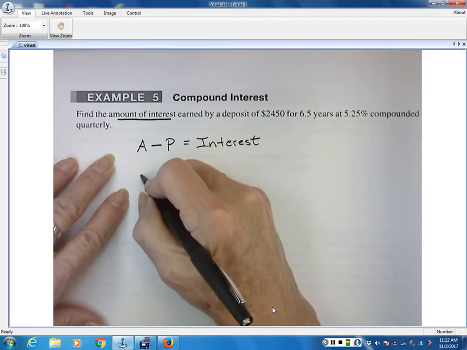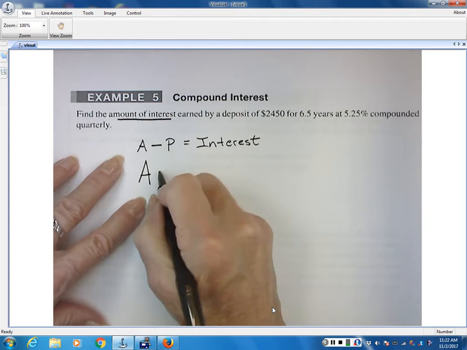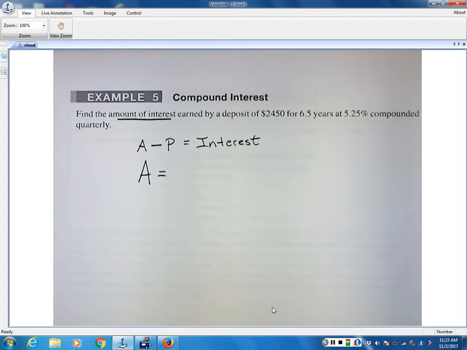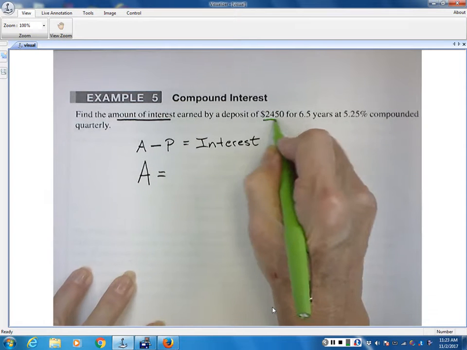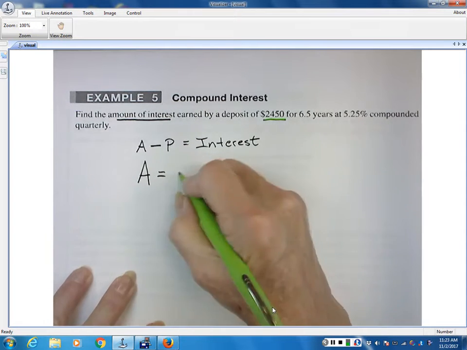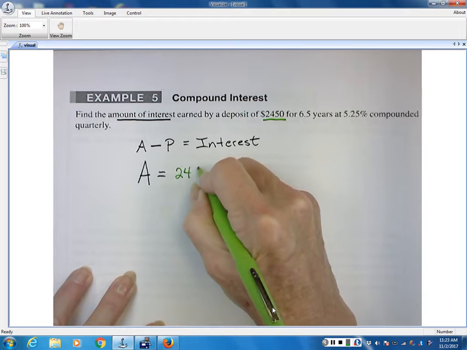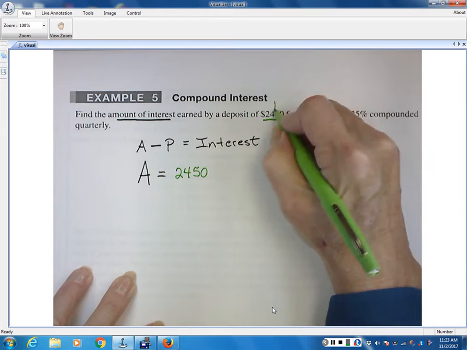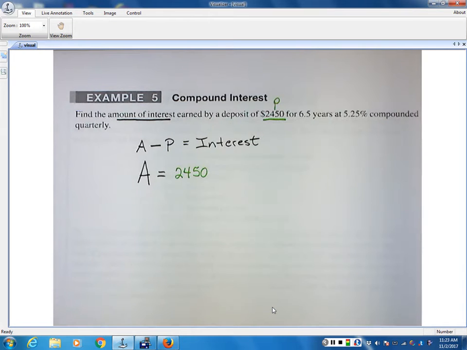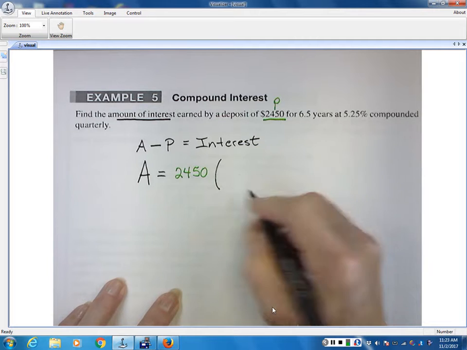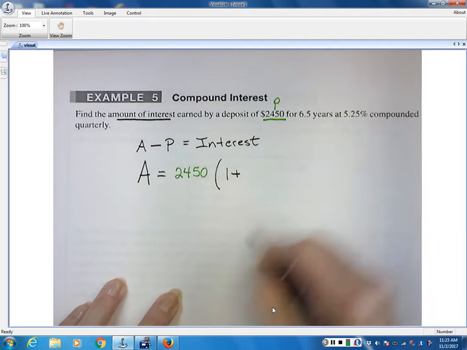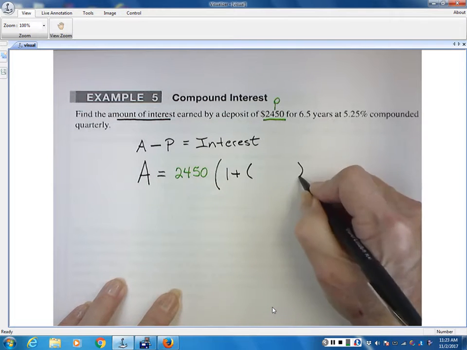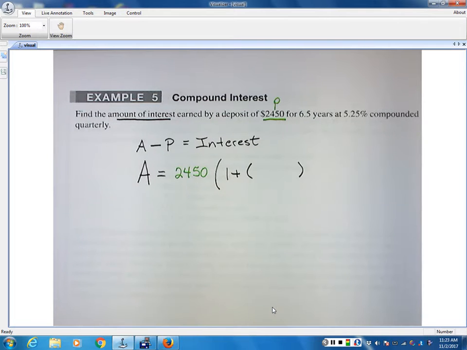So our future value, A, is equal to the present value, $2,450, times 1 plus, and now we need to calculate this is actually called the periodic interest rate. So the periodic interest rate comes from two things.